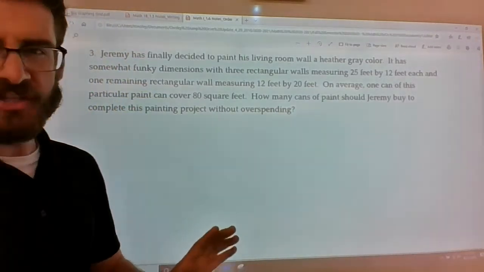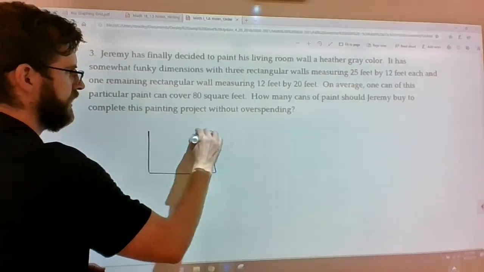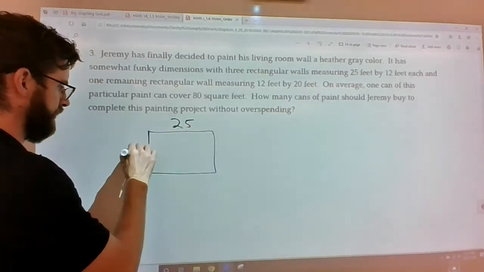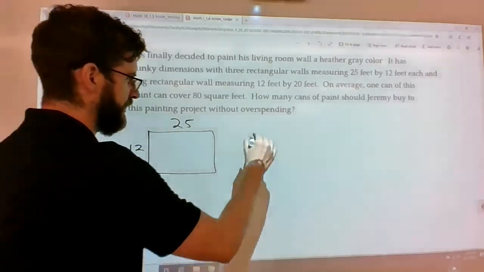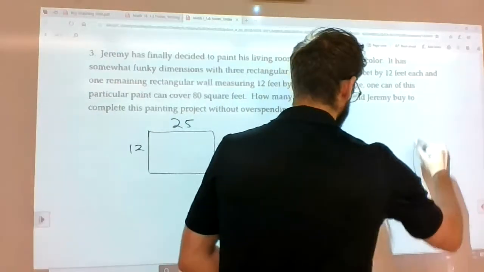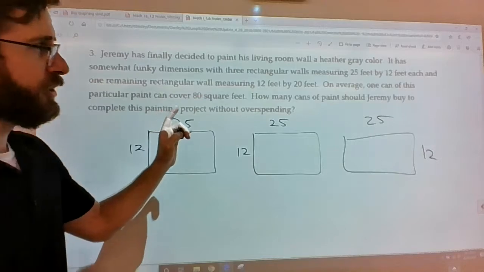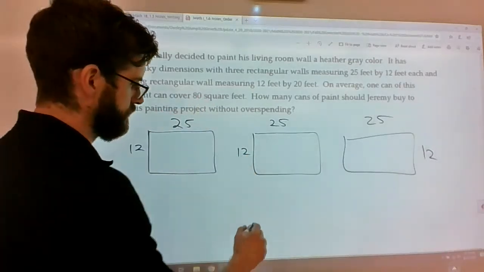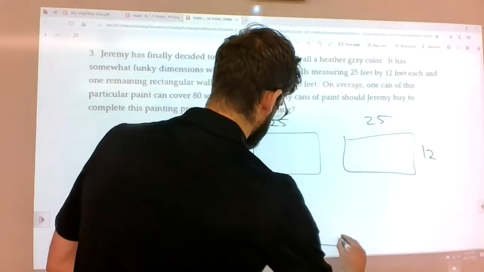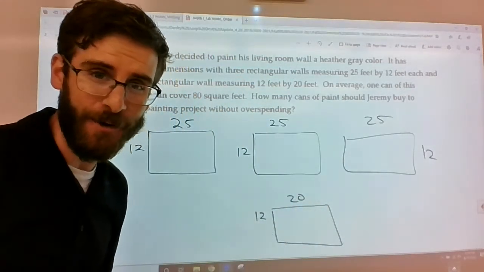So just to put this in context, we've got 3 rectangular walls that go 25 by 12, 25 by 12, 25 by 12. And we also have one that goes 12 by 20. This is not drawn to scale.